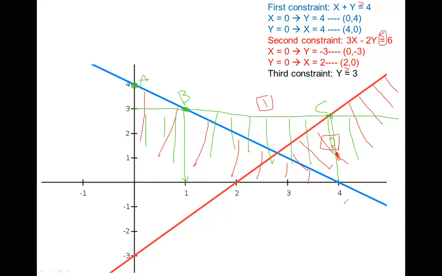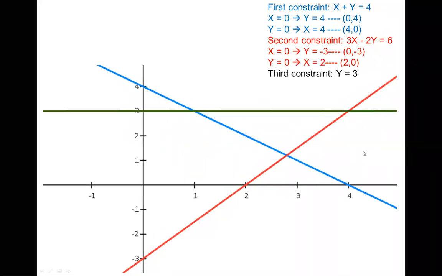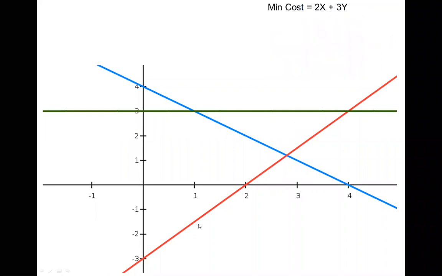So now we can clear all that, and just highlight the points again to be clear: the first point A, second point B, and third point C, directly from the graph: 4, 3, 1, 3, 0, 4. As we said before, if you are not able to find them directly from the graph, you can find them using the equations of the lines that intersect.